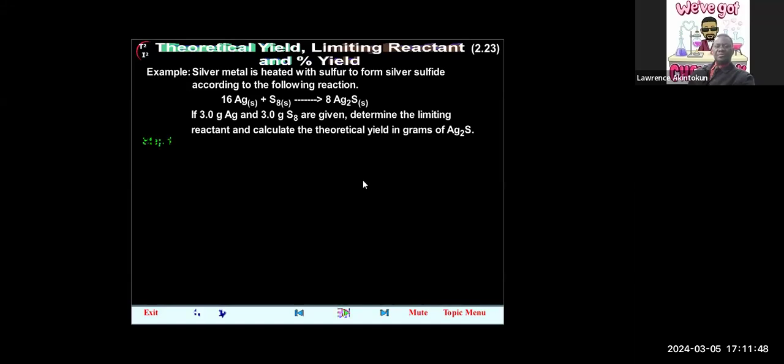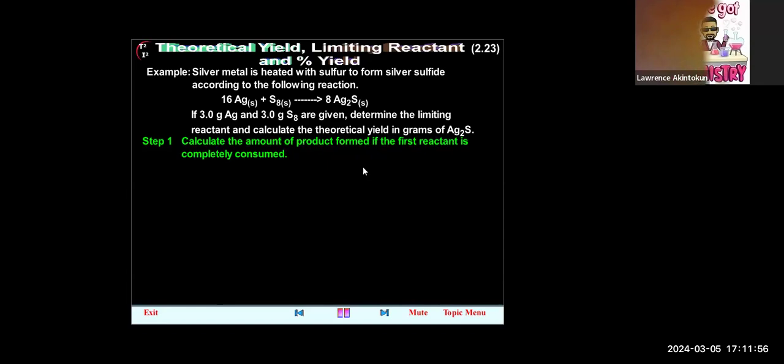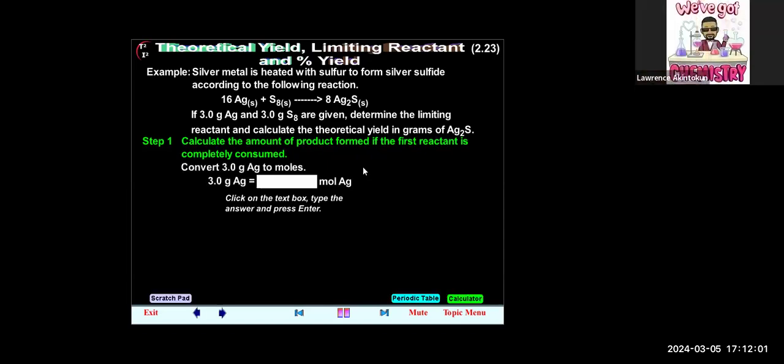Step 1. Calculate the amount of product formed if the first reactant is completely consumed. Convert 3.0 grams Ag to moles. When you convert 3 grams of silver to moles, what do you get? You look for the atomic mass of silver in your periodic table.